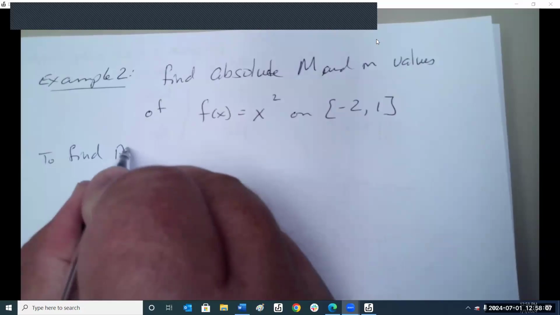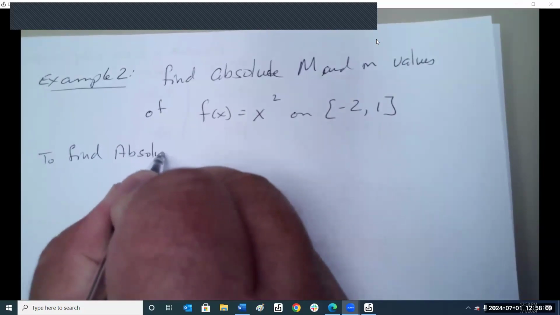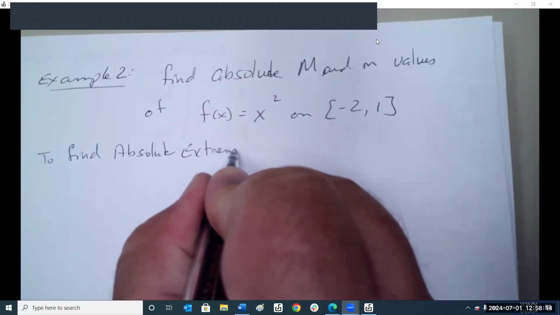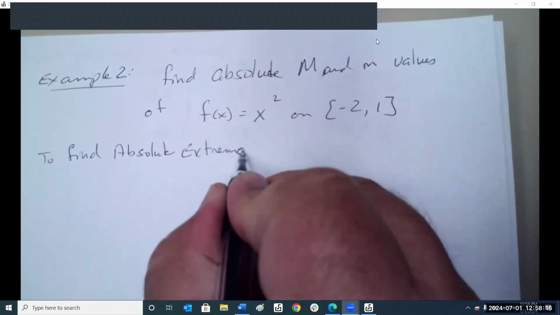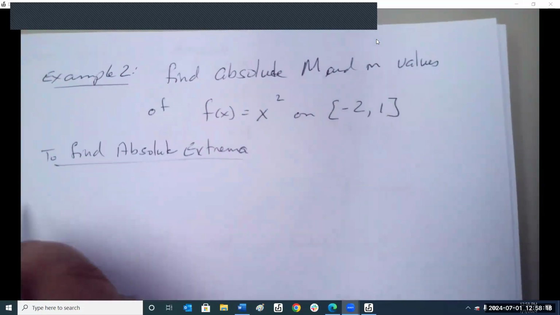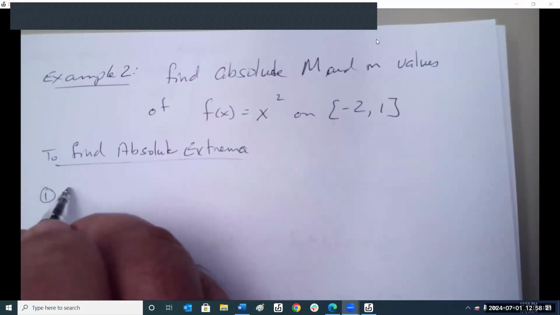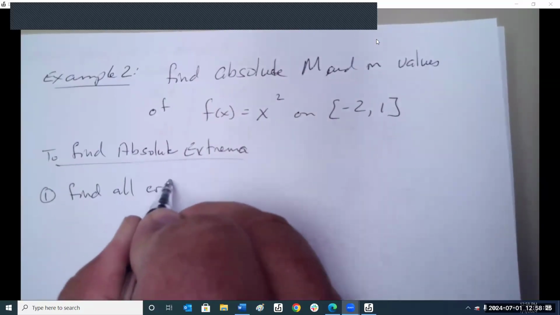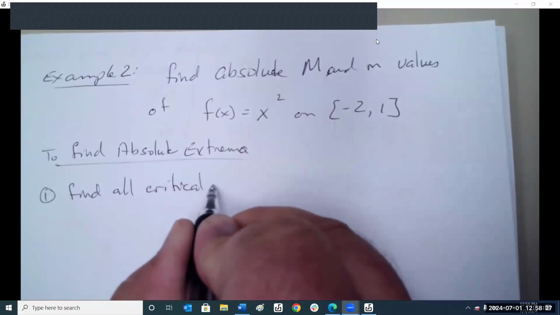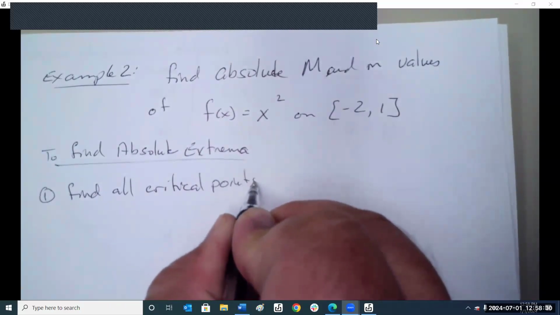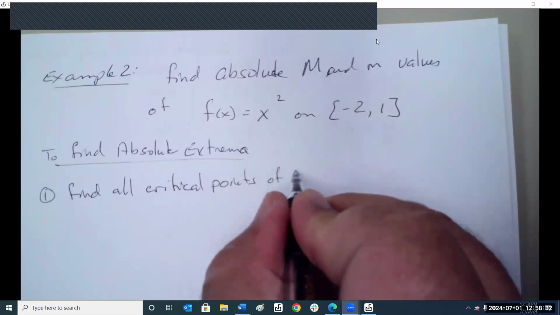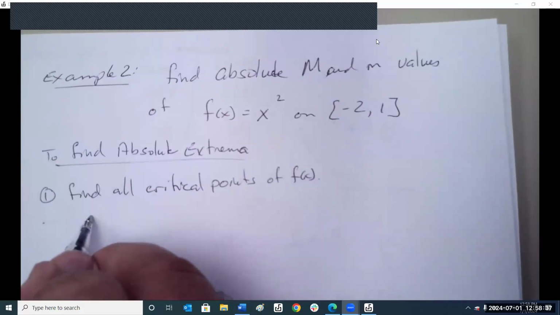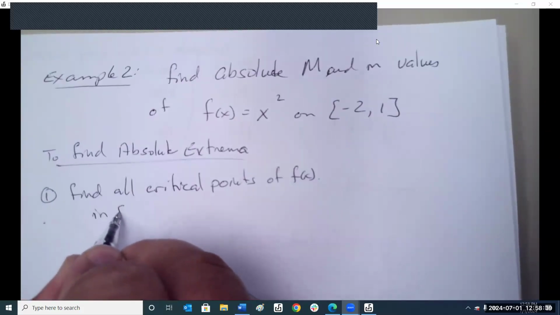To find the absolute extrema, we've got to do a couple things. Find all critical points of the function in the interval.